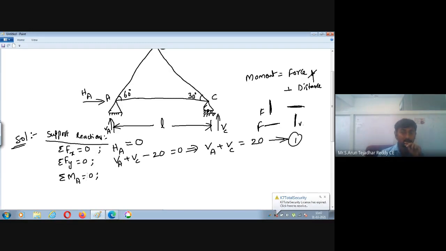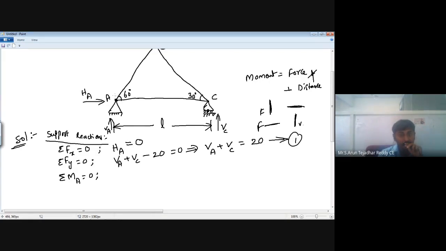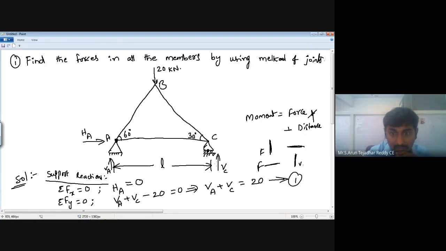Now, moment about A means whatever forces pass through point A contribute 0. HA is passing through A, and VA is passing through A, so HA and VA contribute 0. The other forces are VC and the 20 kilonewton load.